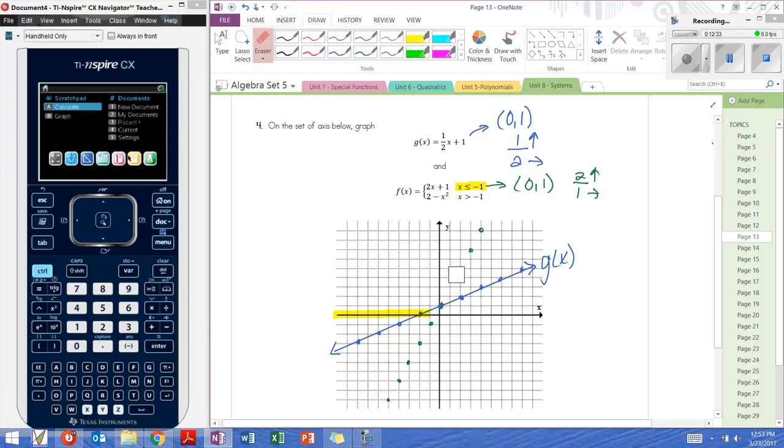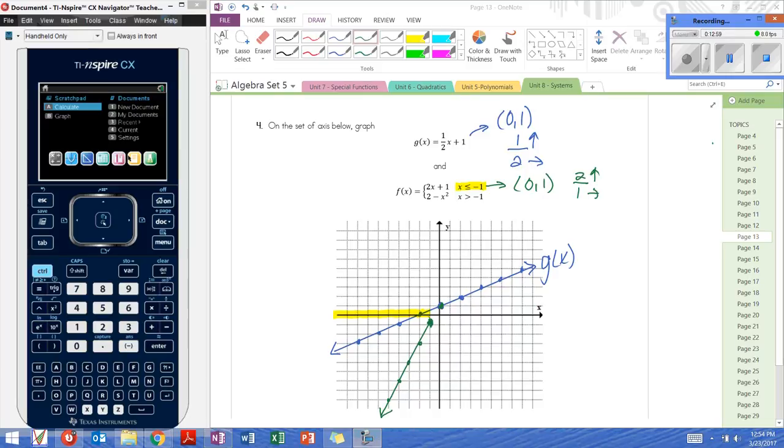I don't care about any of those. And in fact, this point here, I don't even care about. So I'll make that blue again. Now I know that if it's less than or equal to, this is going to be a closed point here, and continue with an arrow because it's for all of those values.